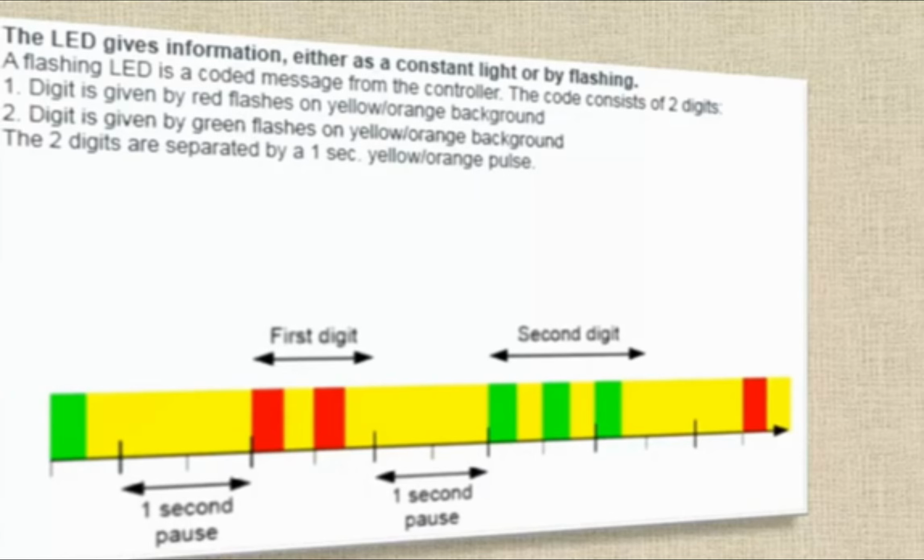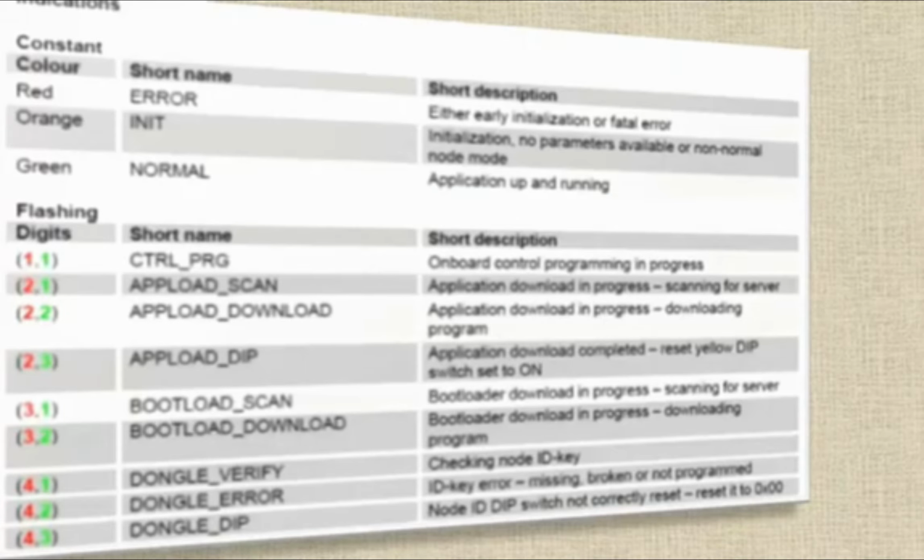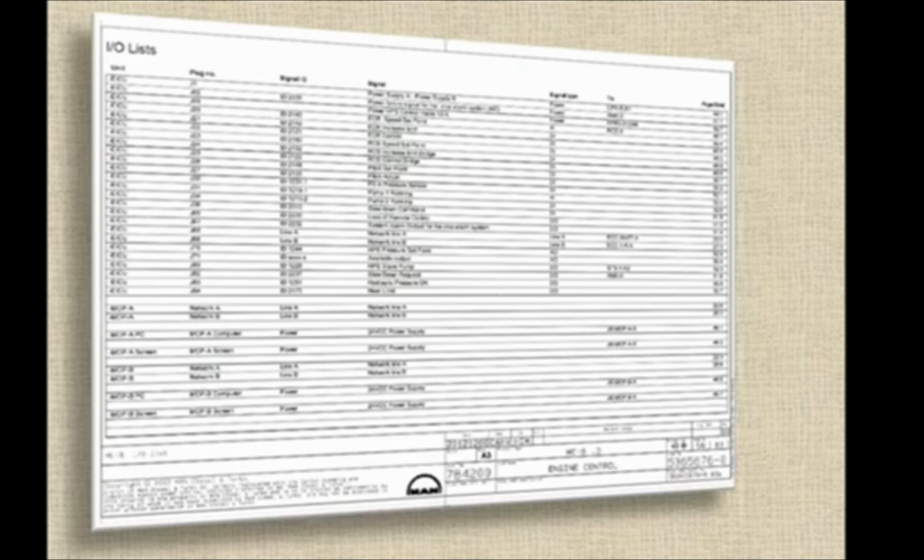Between the frequencies of 1 second, if the LED is red it means some error, green means it is okay, it is already loaded, and orange means it is initializing. Then flashing one by one, one flash red and one flash green, and so on, is given in the chart. With 2 flashes in green, it is uploaded.